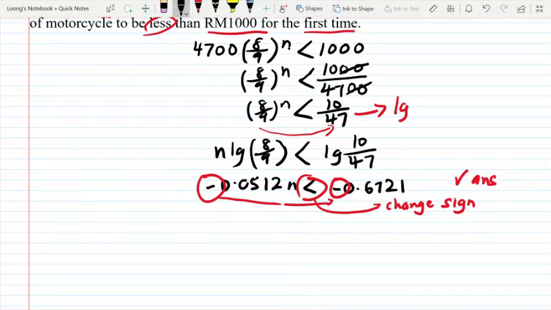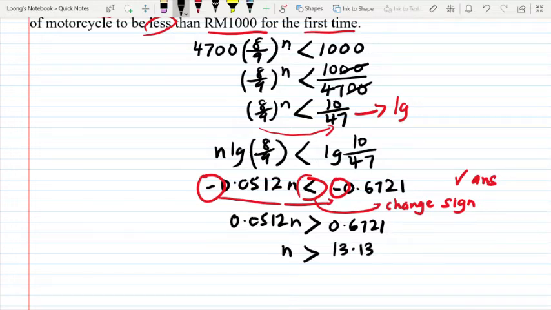Now we'll be changing the lesser than to a greater than, so that both of these will be positive, and now we'll be dividing 0.6721 by 0.0512, and what we'll get is n greater than 13.13, which is n is at least 14, and this is the final answer.